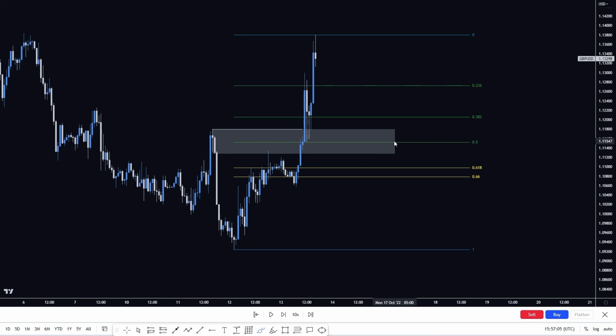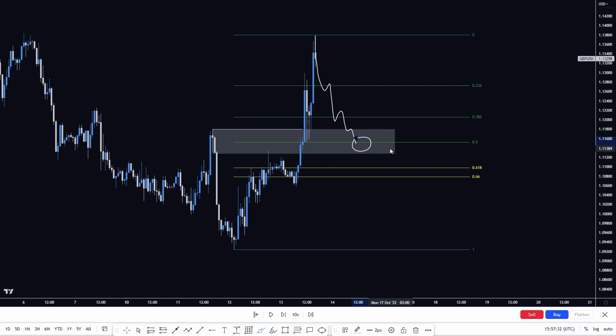And we can now see that we've got an additional level of confluence, because if price returns into this area, we can say that we've got both the break and retest, the resistance turned into support, and we've also got the 0.5 line being hit, which means we may get an additional reaction to this area. So that is how I would go about using it as a form of confluence.